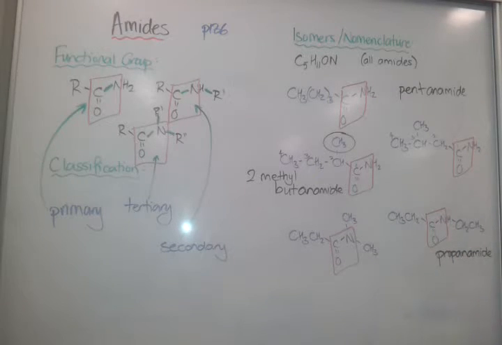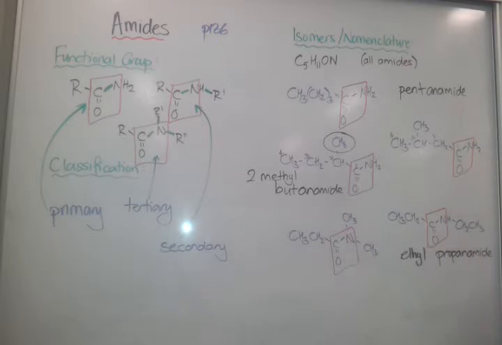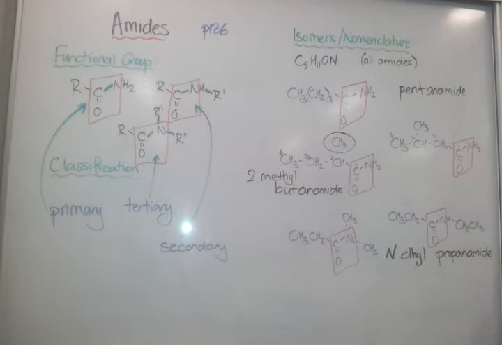Now just like in naming esters, I now go to the other side of it and go, what have I got? Well, I've got a 2 carbon side chain, as it were. 2 carbons is ethyl. So you'd expect it to be called ethyl propanamide. Nearly. What I need to also specify is that the ethyl group comes off the nitrogen. So it's N-ethyl propanamide.